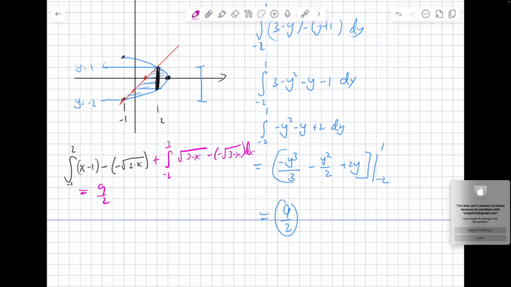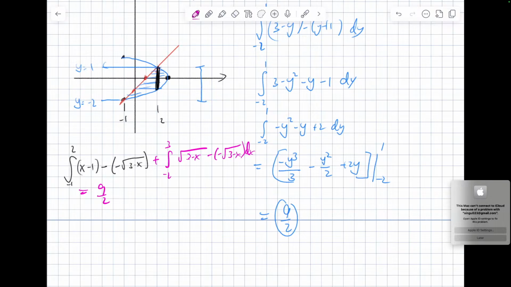Yes. Maybe, but why can't you just do from 2 to 3? If we're just adding that last level. Yeah, 2 to 3, but it's top function minus bottom function. The top function is square root of 3 minus x. That's positive. The bottom function is going to be the same function, but the negative version of it. So it'd be minus negative square root of 3 minus x.